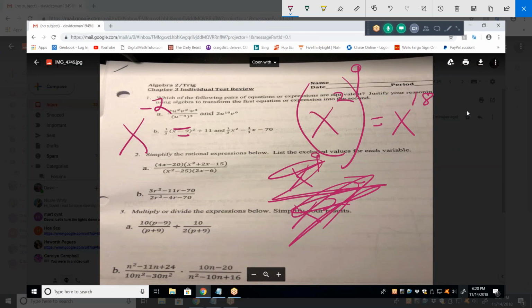Means the reciprocal. Well, it's just on the other side of the fraction bar. In other words, what I really had was x to the minus 2 over 1. So I just moved the x to the minus 2 to the other side of the fraction bar and changed it to x to the plus 2. And you can always do that with a negative exponent.